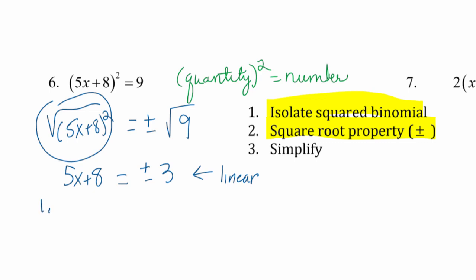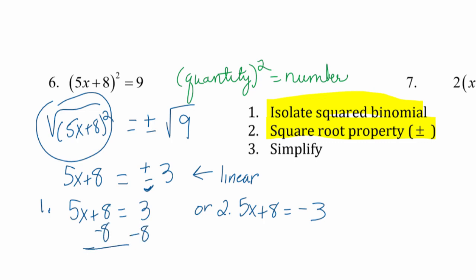The first equation is 5x plus 8 equals a positive 3. The second equation is 5x plus 8 equals a negative 3. Those two equations came from the plus or minus on the 3, from the square root property. Now we're just going to solve for x the way you know how.